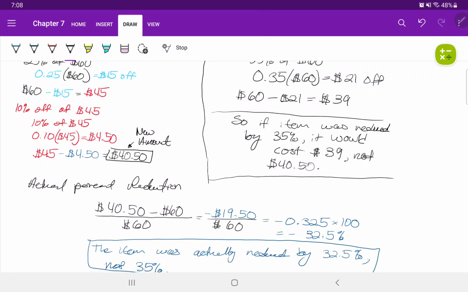When I did the math, I got negative 32.5%, which means the actual price reduced by 32.5%, not 35% as it was claimed by the advertiser, which once again means the advertiser was being dishonest.